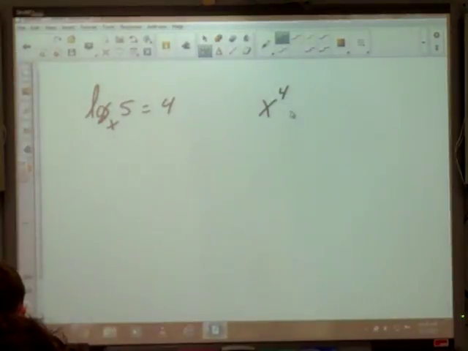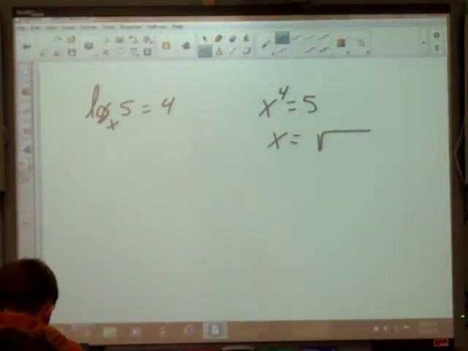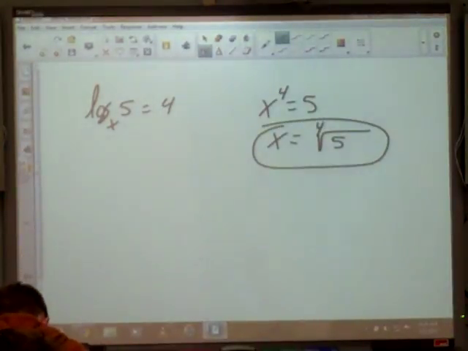X to the 4th power equals 5. Looks difficult, but it's really pretty easy. How do you undo a 4th power? 4th root. Very good, Bailey. And 5 is not a perfect 4th, so we're just going to leave it as the 4th root of 5.